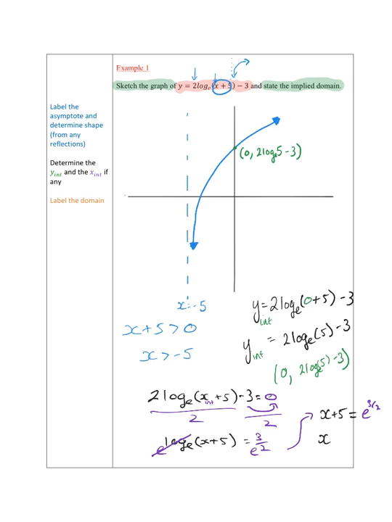Last step being that my x-intercept is equal to e to the power of 3 over 2 minus 5. And all I've done there is subtract 5 from both sides. Again, while this may look a little bit complicated, we remember that this is just a number that doesn't need to be simplified. Labelling my x-intercept here, we've got (e to the 3 over 2 minus 5, 0).